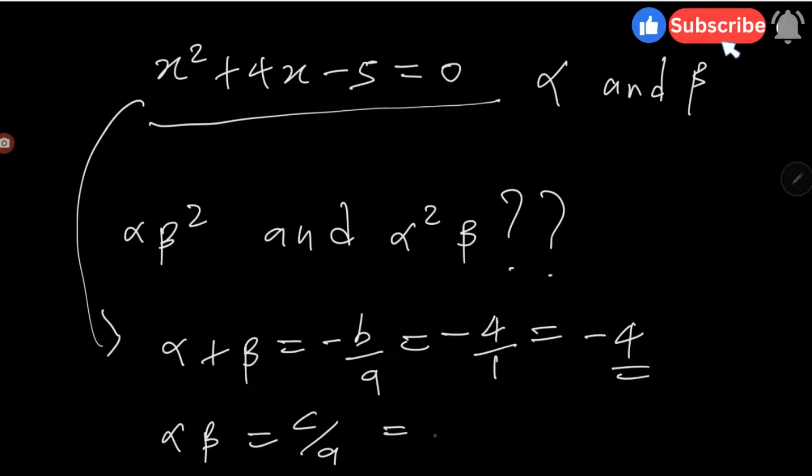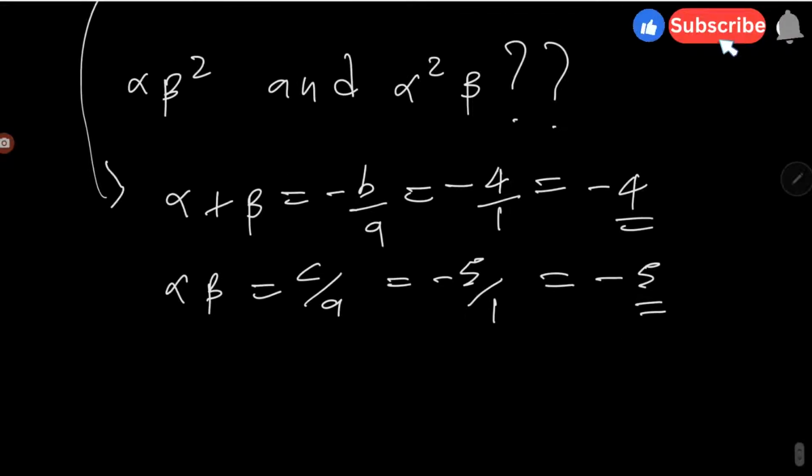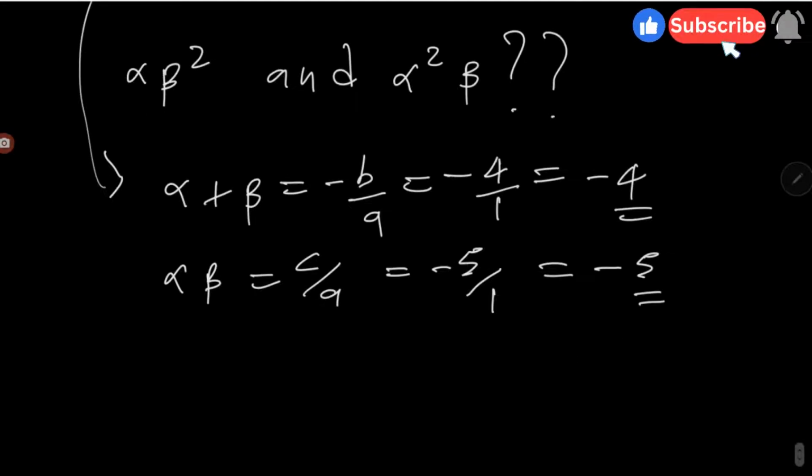My c is negative 5 over my a is 1, and this will be equal to minus 5. So I'll use this information to find the sum and product of these two new roots of the quadratic equation that we seek to find.